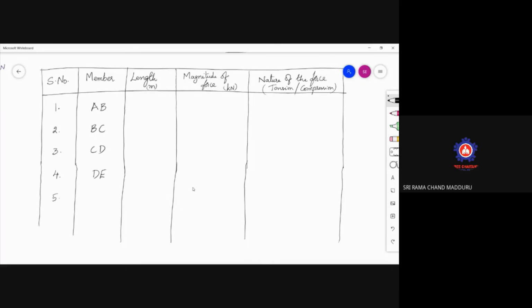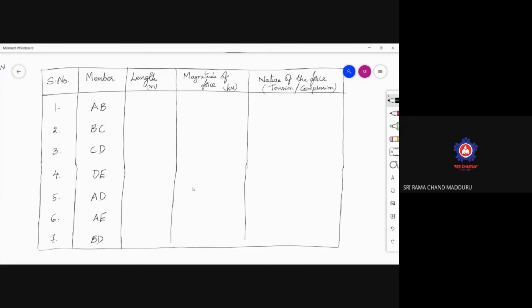Fifth member is AD. Sixth one is A connected with E, AE. Seventh one is B connected with E. Once again, you can check with your diagram, which is there in the previous page of your book. Just turn the page and check it once again.